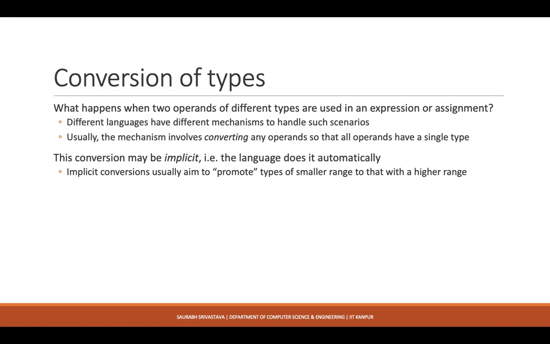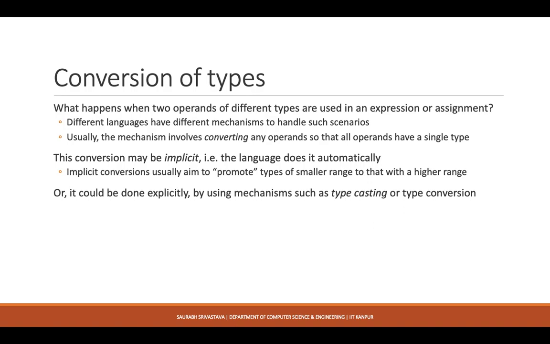Implicit conversions usually aim to promote types of smaller ranges to those with a higher range. This is the idea: if I have a data type whose range is higher, and another data type whose range is a subset of this higher range, then I can convert the smaller range data type to the higher range data type without any harm.